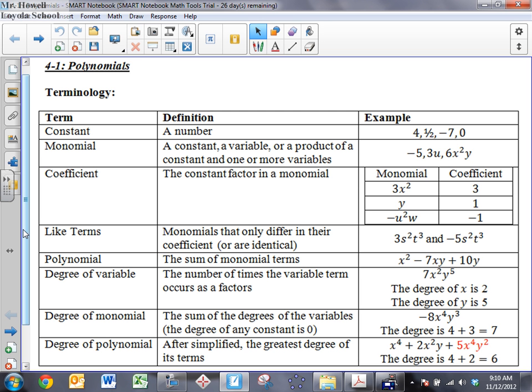Give me an idea where your percentage was. Like terms? Okay, so halfway? Others halfway? Awesome.